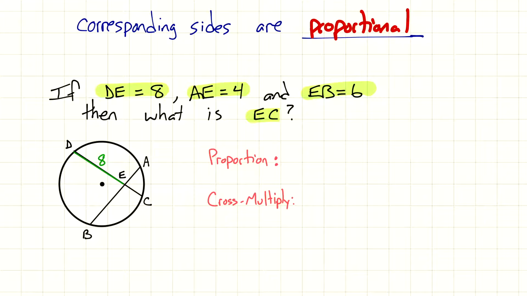From A to E, this is going to be 4. And from E to B, this is going to be 6. What is the measurement of EC?